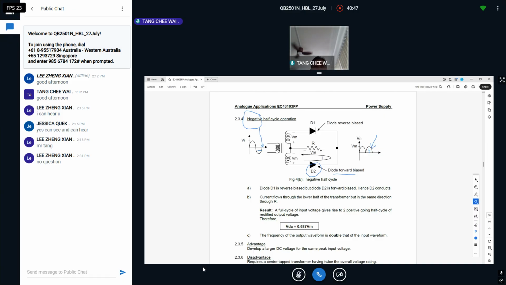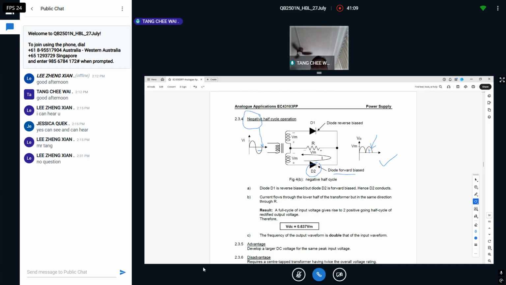That means current will flow through like this arrow. Just now remember the positive sign and negative sign is here. It is the same direction as the first half. That is the reason why it is a positive half here shown at the output. Same direction, not opposite.